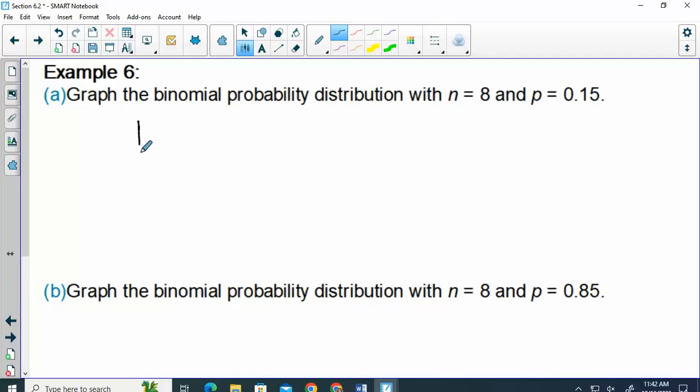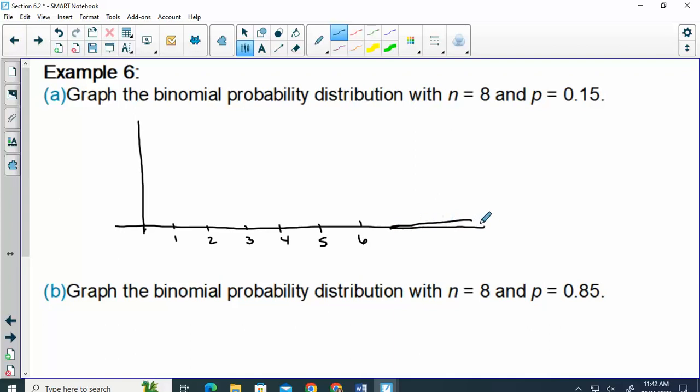So if we look at this, my x's are down here, we have 0, has to go all the way up to 8. And my probabilities are on the axis.